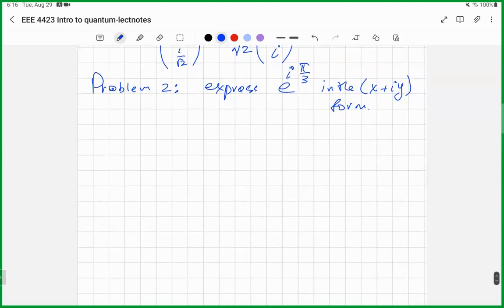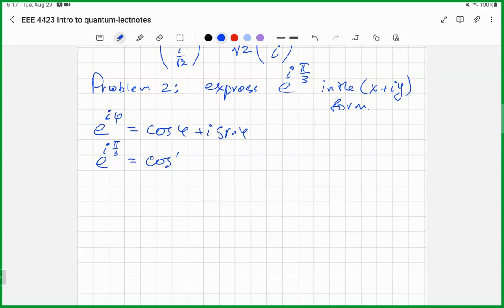In the xy form. So we use Euler's formula, e to the power of i phi is equal to cosine phi plus i sine phi, right? So we just need to substitute pi over 3 for phi.